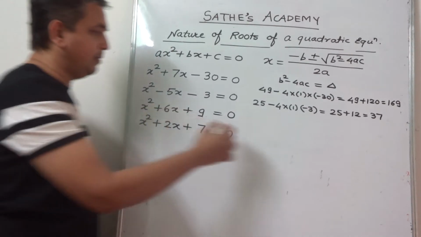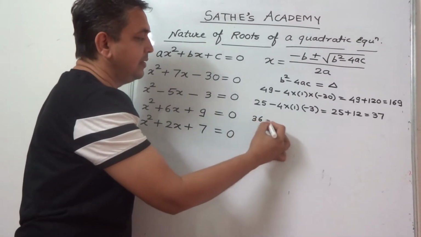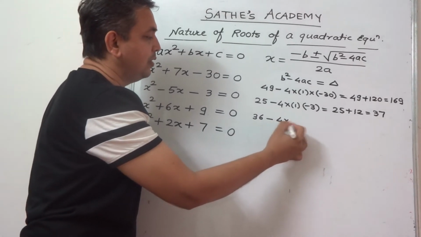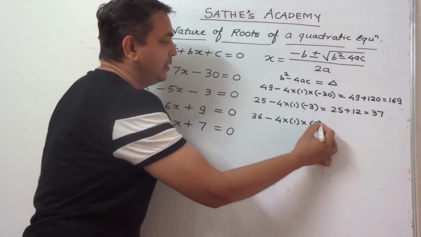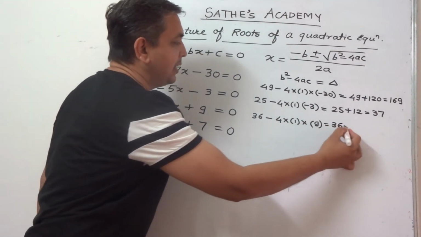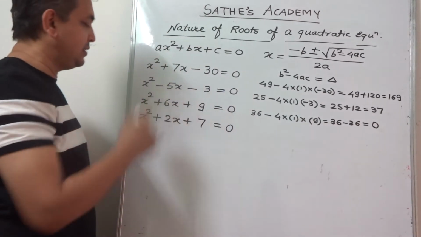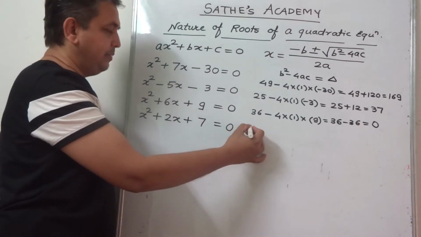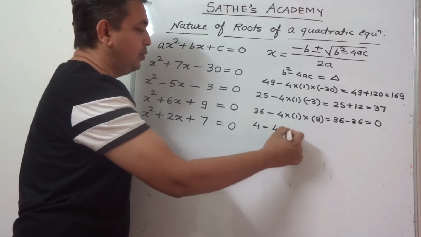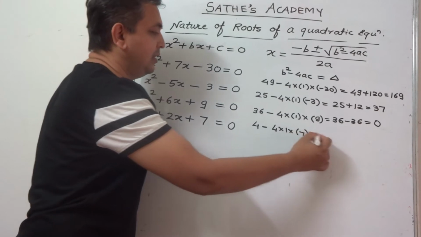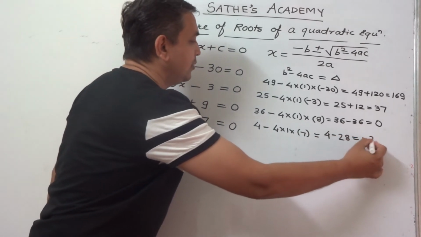In this third problem we get b square 6 square is 36 minus 4 into 1 into c is 9, so we get 36 minus 36, that is 0. And in this fourth case we get b square, that is 4 minus 4 into 1 into 7, so we get 4 minus 28 is equal to minus 24.